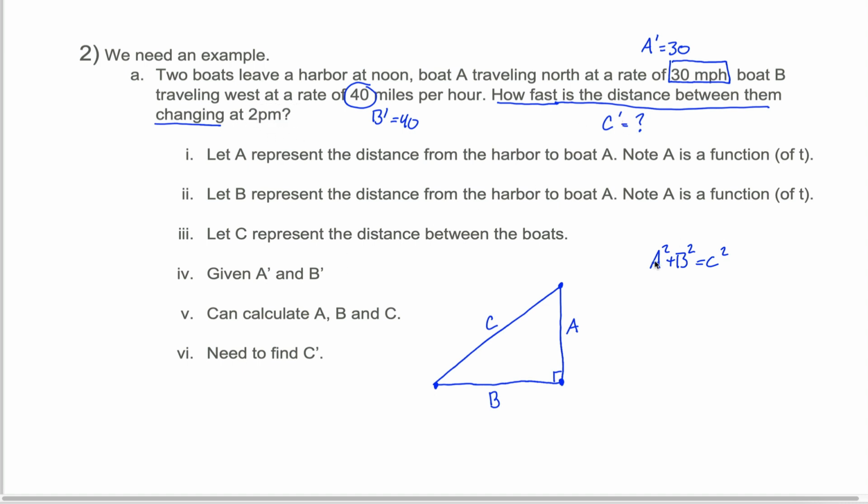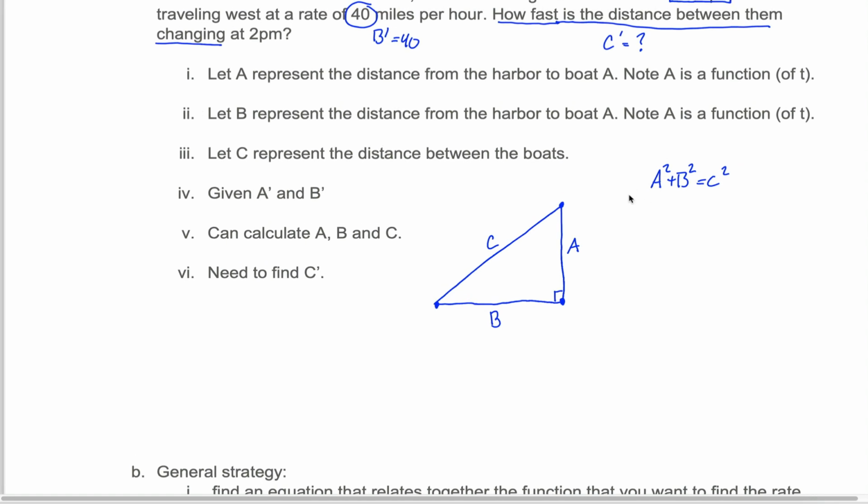And you're like, all right, I have this equation that relates together A, B, and C. I know A prime, I know B prime, I want to know C prime. Why don't we just take the derivative of both sides using implicit differentiation? That'll get me all the primes, I'll plug in, I'll be done. Well, kind of. Look what happens when you take the derivative of both sides. Maybe I'll write d over dt to represent that I have to take the derivative of the left side, and d over dt to represent that I have to take the derivative of the right side.